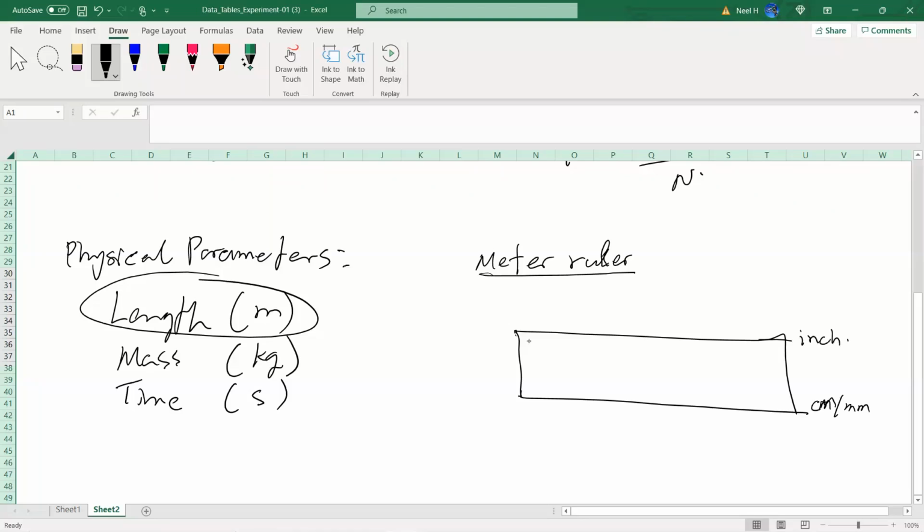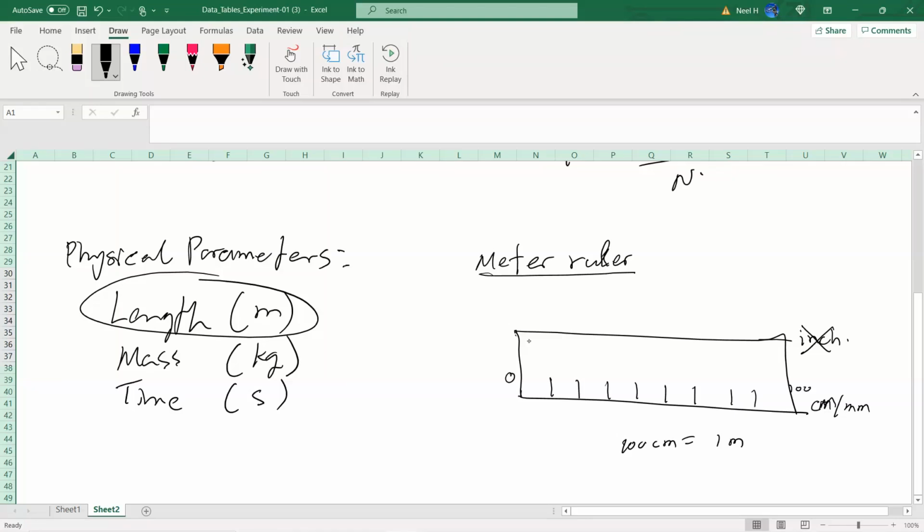The inches are not our SI unit, so we're not going to use them. On the centimeter, millimeter side, you will see larger lines like these ones right here. If you have a meter ruler on your table, a small one, you can take a look. These large lines start from 0, then 1, 2, 3, 4, and go all the way to 100, right? Because 100 centimeters is equal to 1 meter. We're generally going to use a large, really 1 meter long meter ruler in the lab class setting, okay?